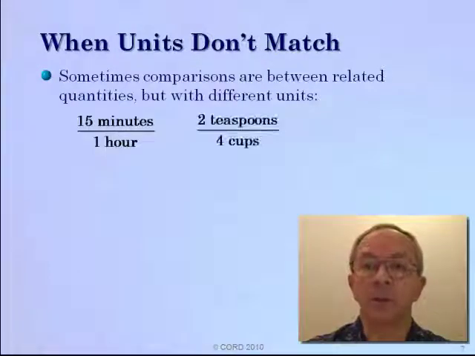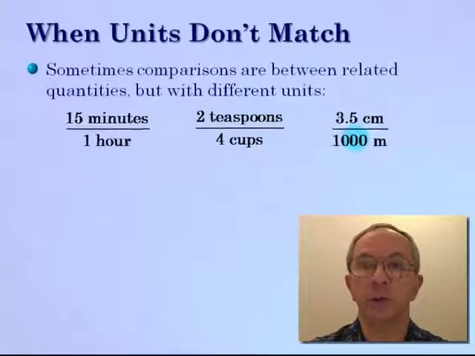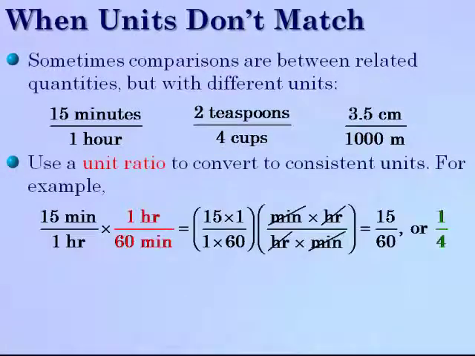Sometimes, though, the ratios we form have units in them that don't match. For example, you may have 15 minutes over 1 hour, or 2 teaspoons to 4 cups, or 3.5 centimeters to 1,000 meters. In that case, you could use a unit ratio to convert to consistent units.